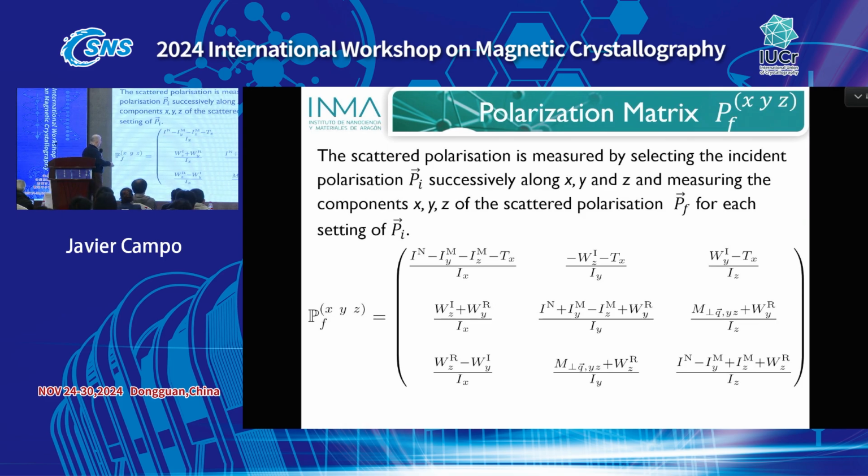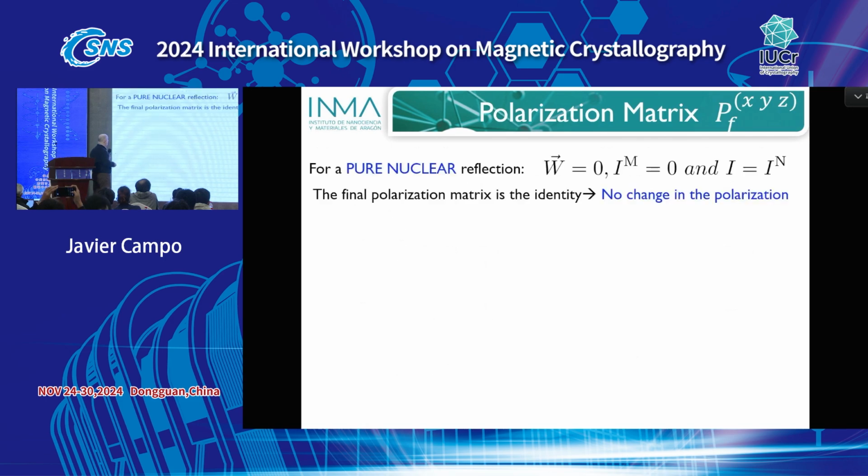And then we can build this kind of matrix, where we have many terms that depend on the magnetic structure. For this term that we have here, we need to measure it and have the information of how the magnetic moments are located in your system. Okay.